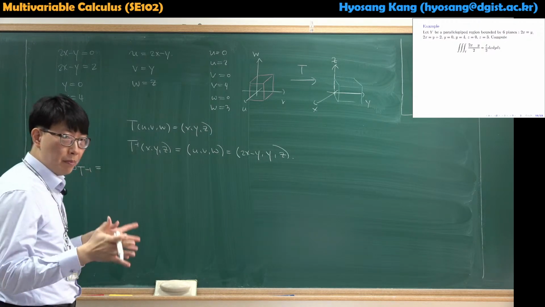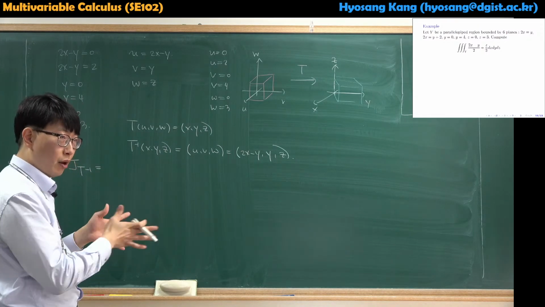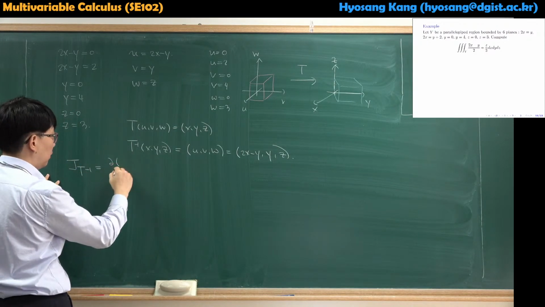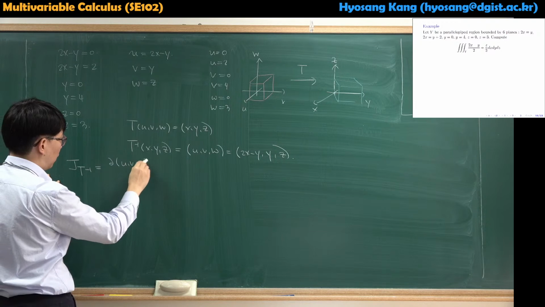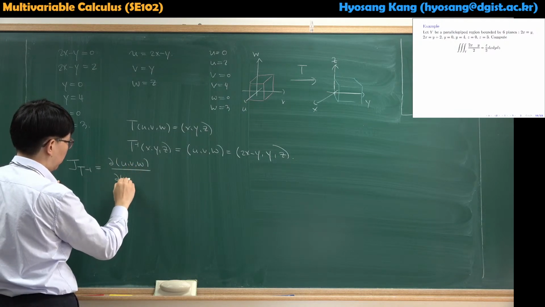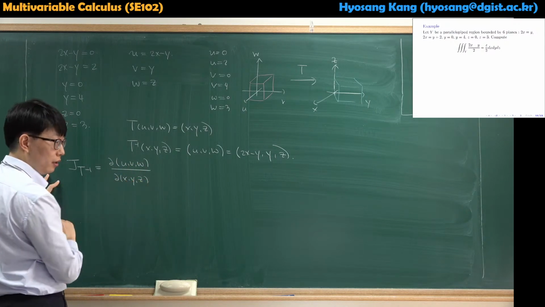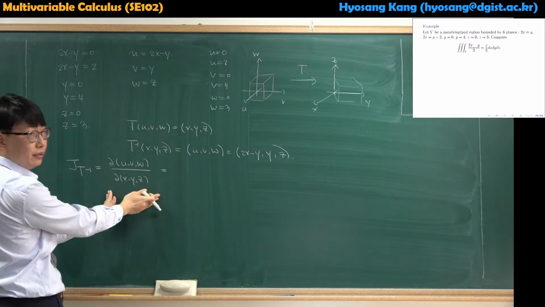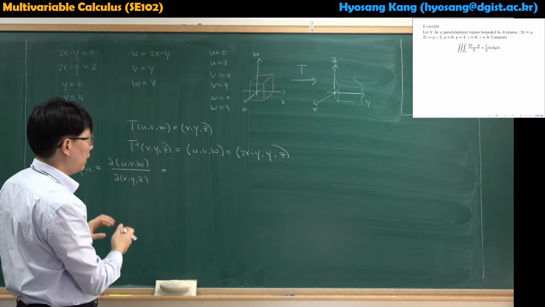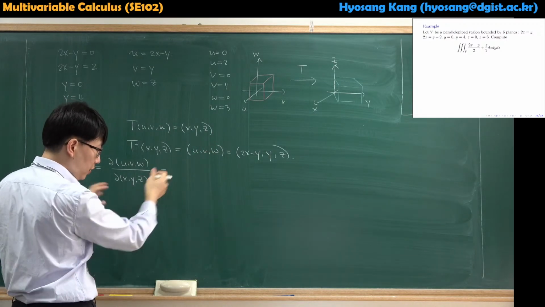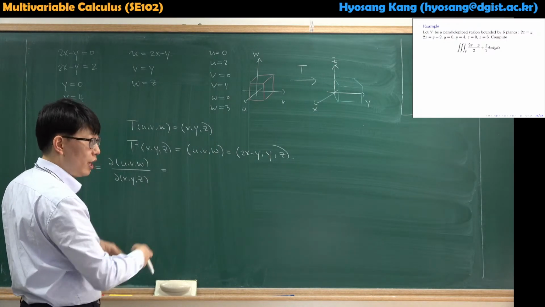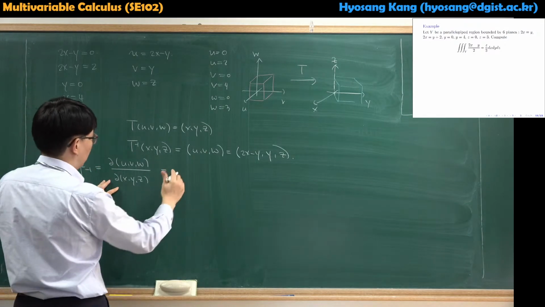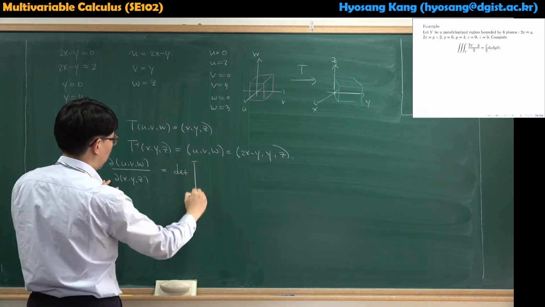So remember how we expressed our Jacobian in terms of a ratio. This is ∂(u,v,w)/∂(x,y,z). I don't put the absolute value sign yet. The Jacobian is just this. When you take the Jacobian into the integration by substitution, then you take the absolute value sign. So this is the determinant of what?